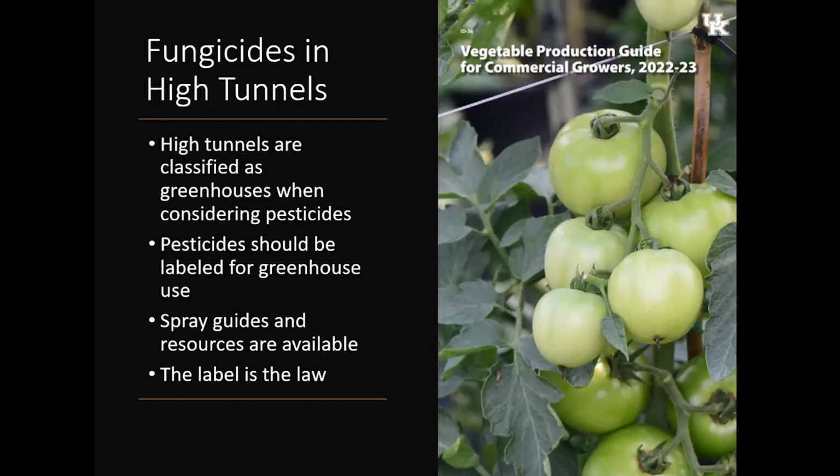I want to add a couple of things about fungicides. First of all, I hope you're all familiar with ID 36. This is our spray guide. This is what it looks like this year. It's a 2-year spray guide. We think this one's going to actually go into 2024, but this is a spray guide that summarizes all of the products that are available.